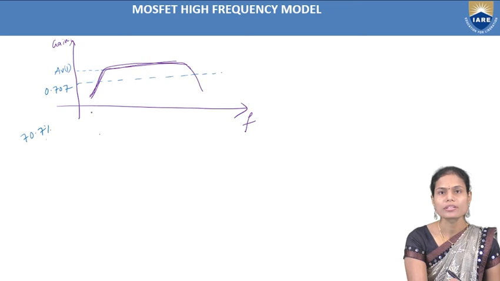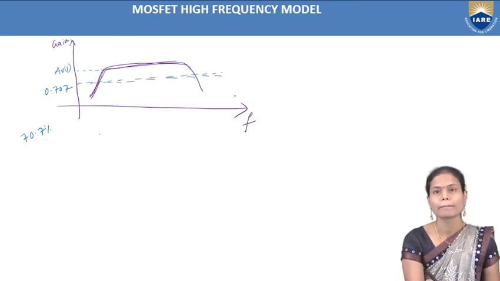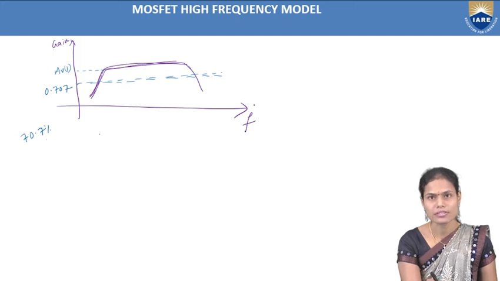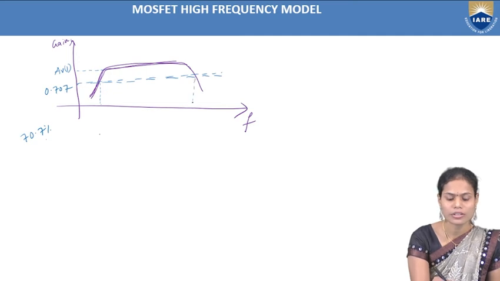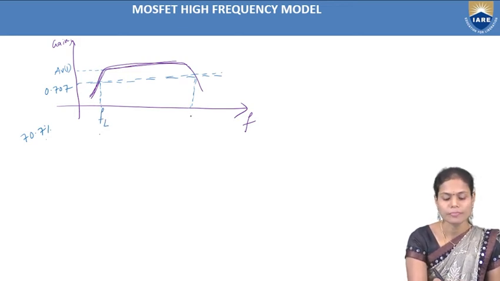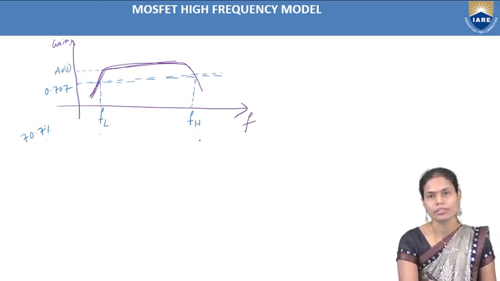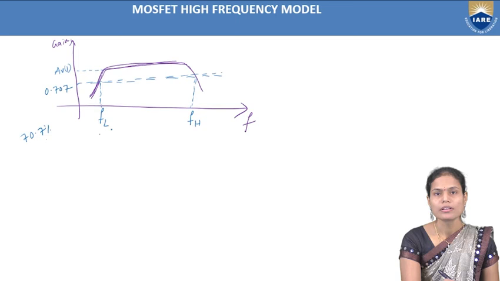So at 0.707, I am drawing one line parallel to the frequency axis. And where this line is cutting the frequency response curve, the 2 points I am considering here. This point I am taking as the lower cutoff frequency, and this point I am taking as the higher cutoff frequency FH.